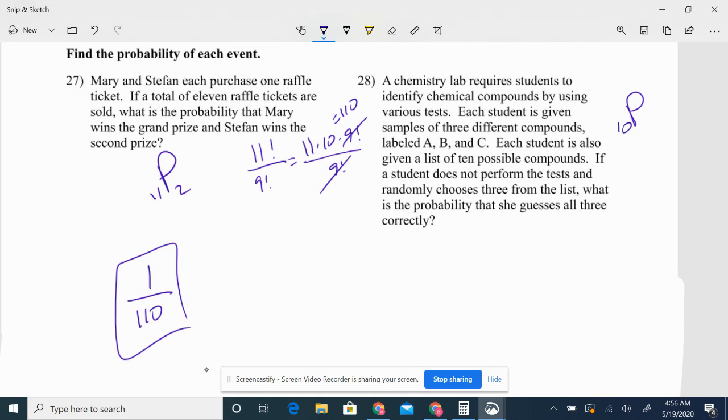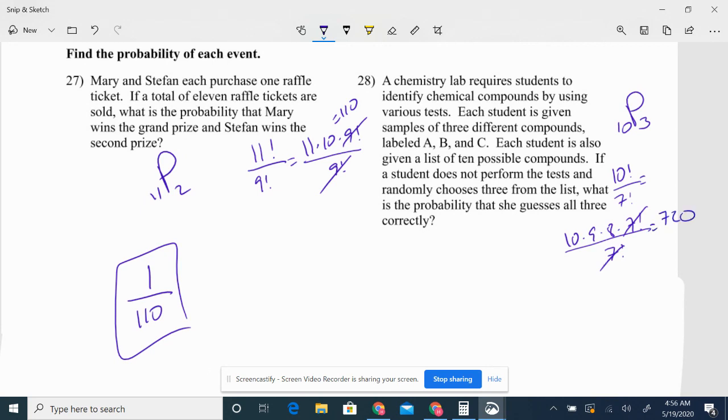From the 10 that the student has, this person has to choose three. So now this is 10 factorial over 7 factorial. Now what does 10 factorial mean? It's 10 times 9 times 8 times 7 factorial over 7 factorial. Now 10 times 9 times 8 on the top, I have 720.